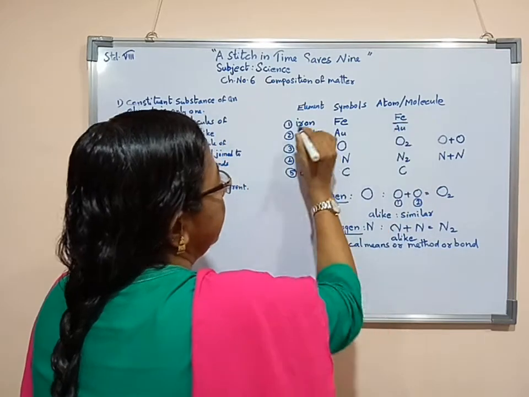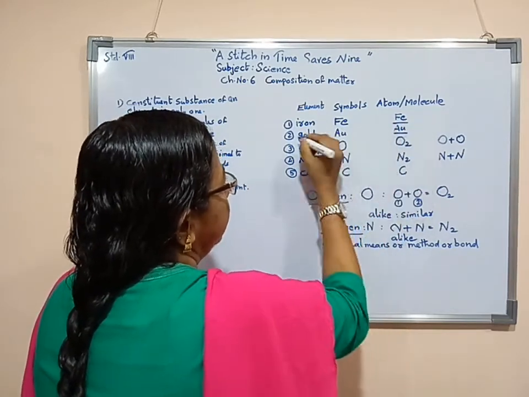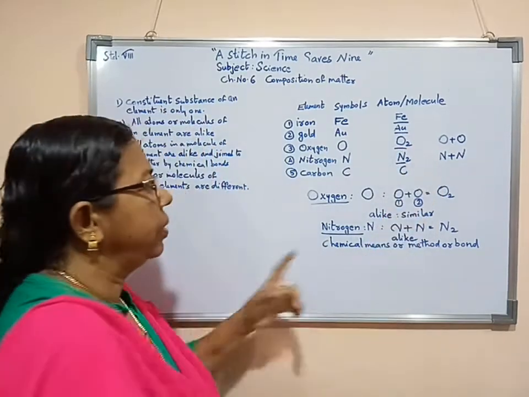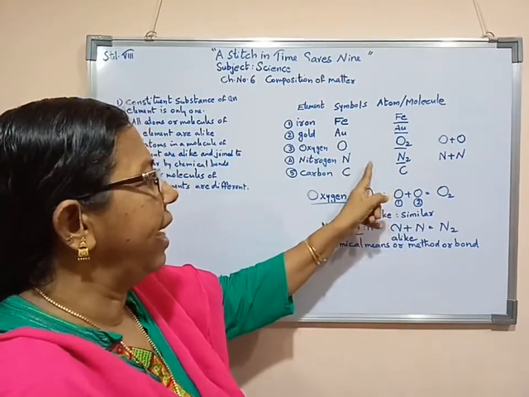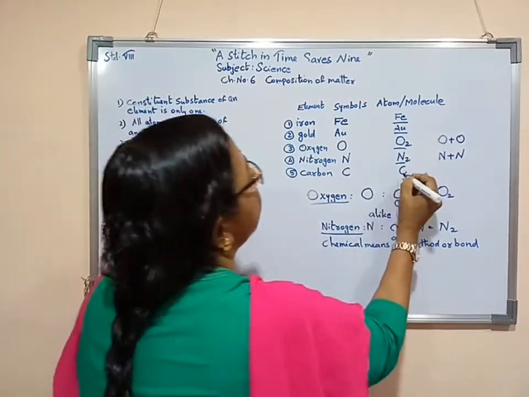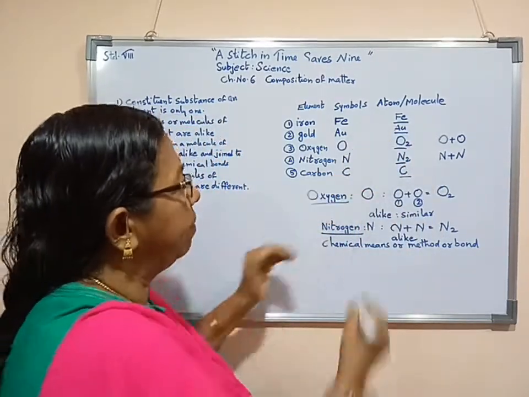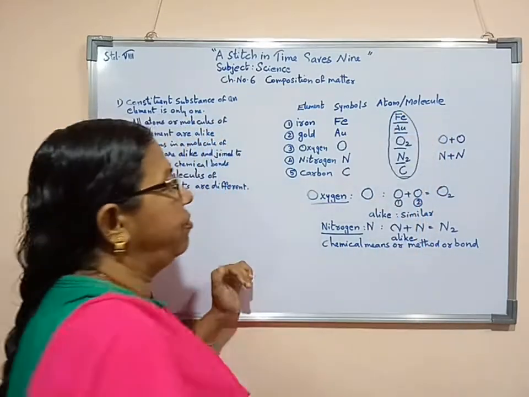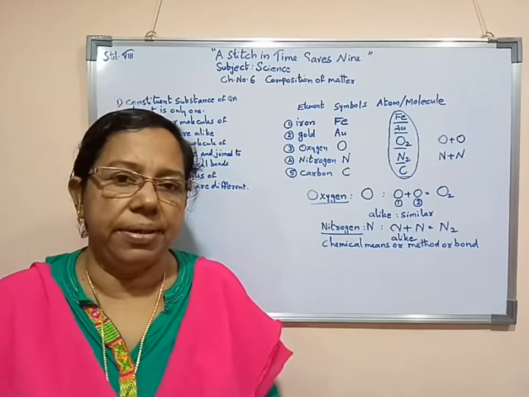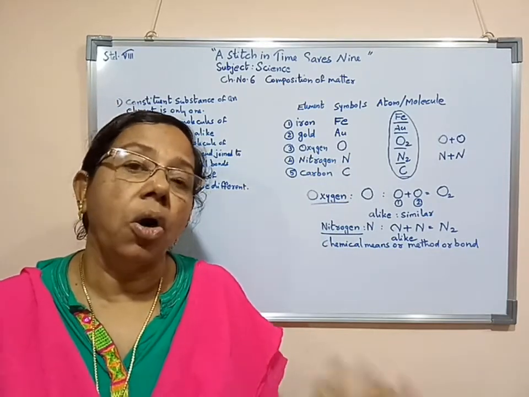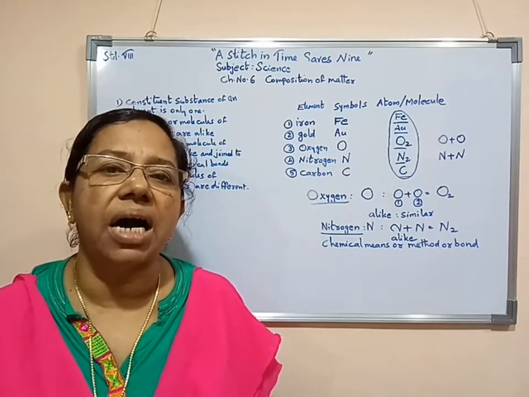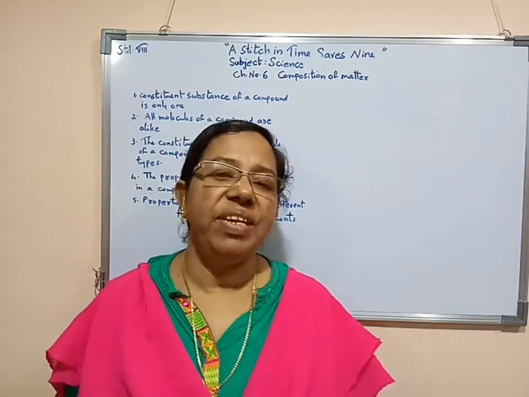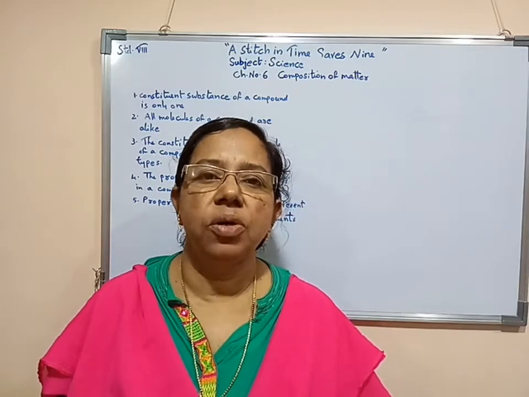Here you see iron, Fe, then gold, Au, oxygen, O, then joined together this molecule became O2, nitrogen N, joined together N2 became, then carbon C. When we compare all these atoms, we will find that all are different. So we can say that atoms or molecules of different elements are different. They are not the same.